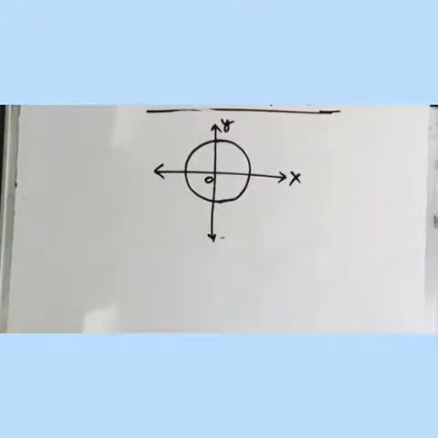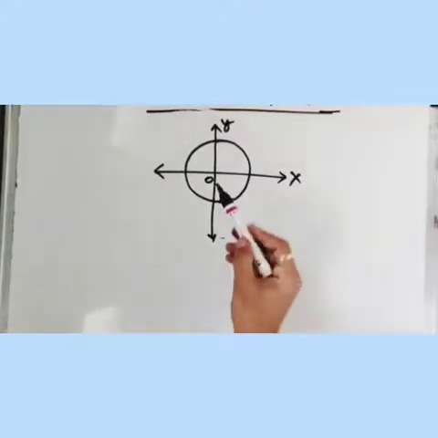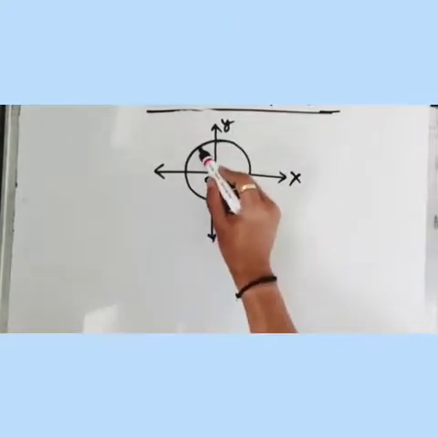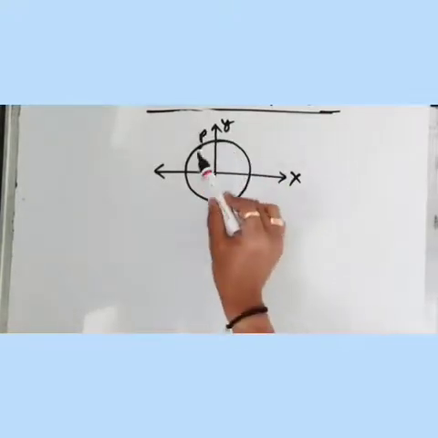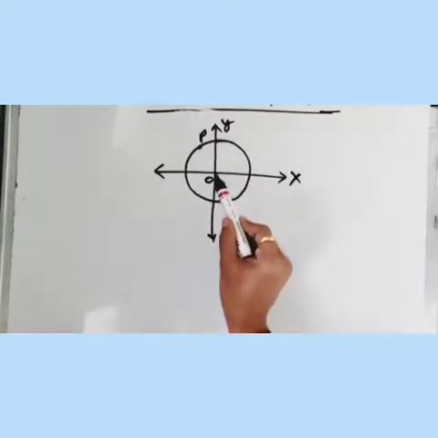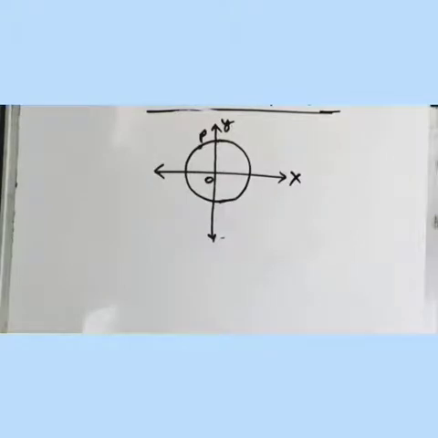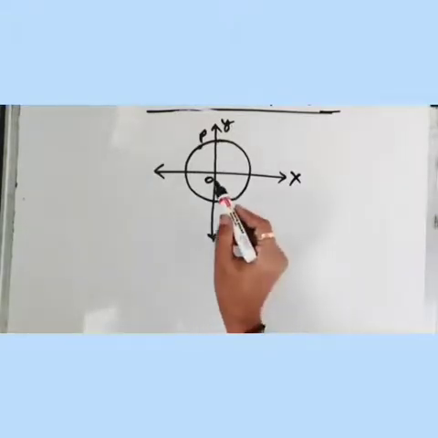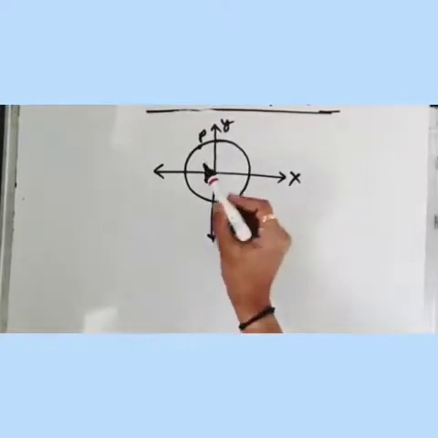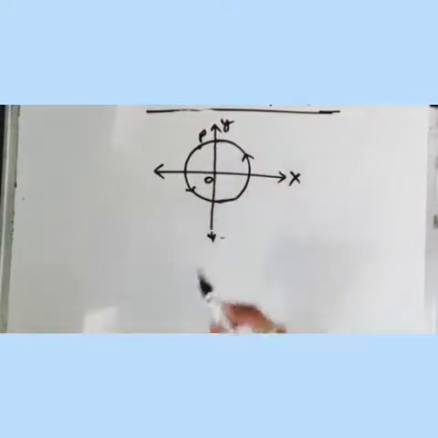Now to understand this circular motion in more detail, here you can see we are considering a circular path of a particle. Consider say particle P, which is moving along the circumference of circle with the center of the circle at the origin of XY coordinate system. Now here we have considered motion of a particle in anti-clockwise sense.